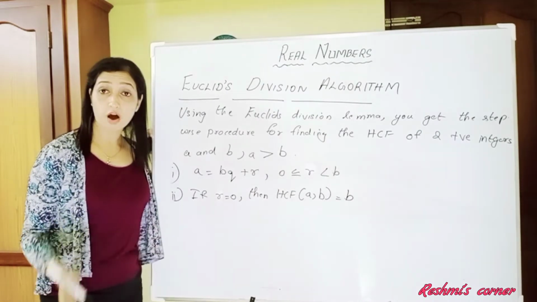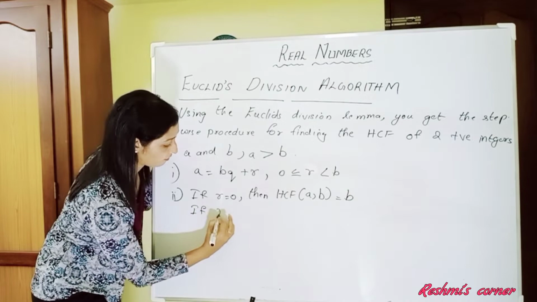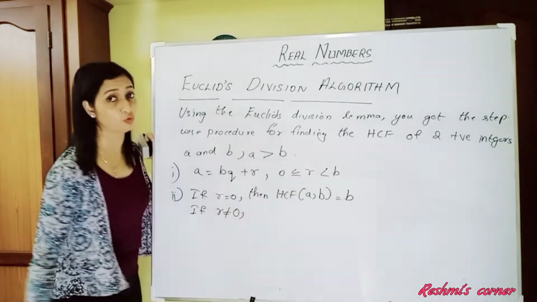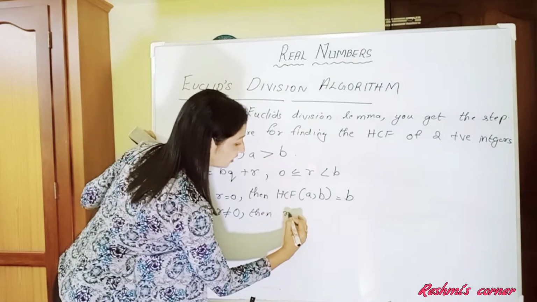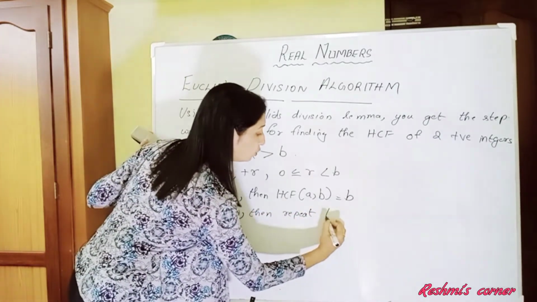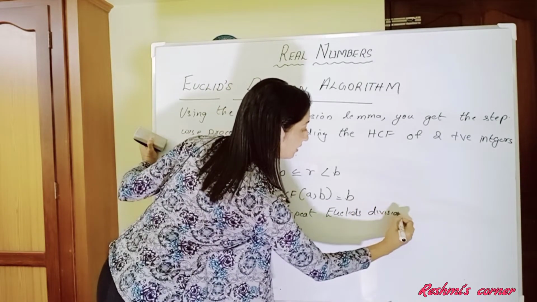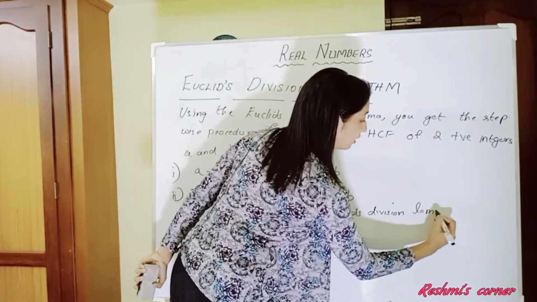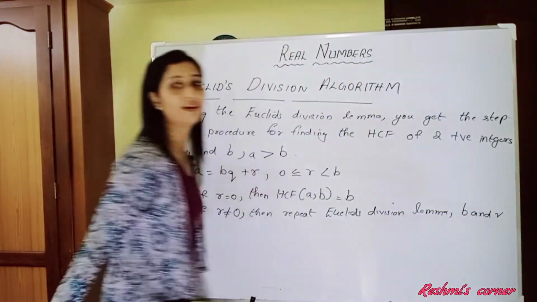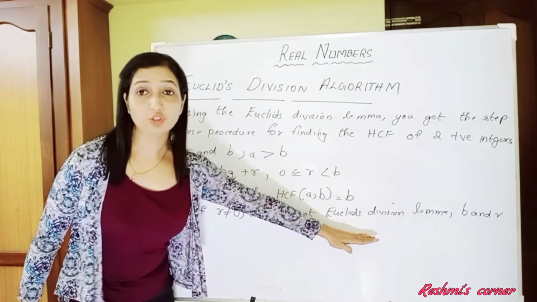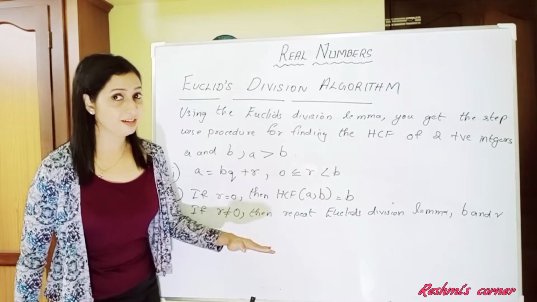But what if our remainder is not equal to 0? Then we repeat Euclid's division lemma for B and R. And we continue this procedure till we get our remainder 0.